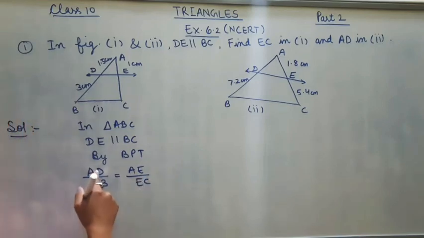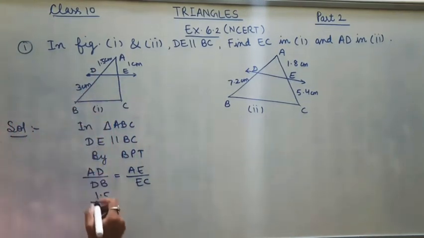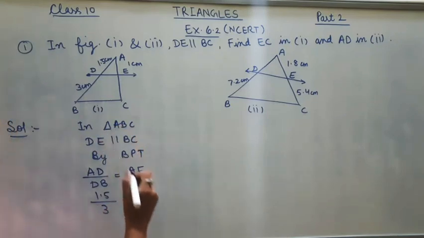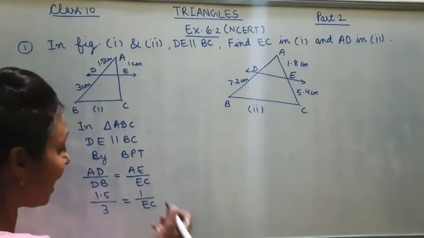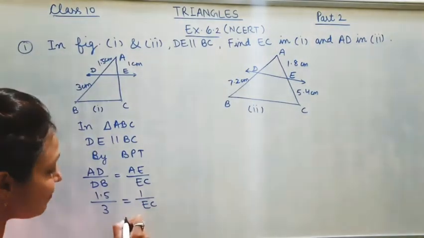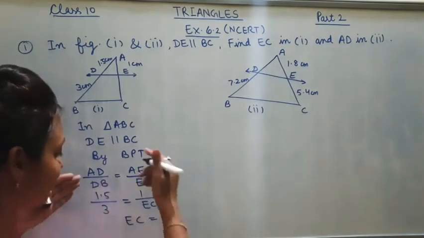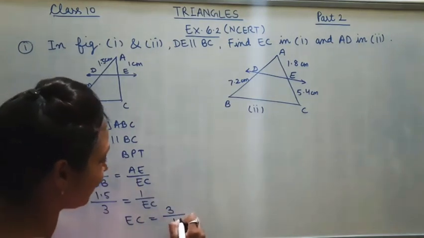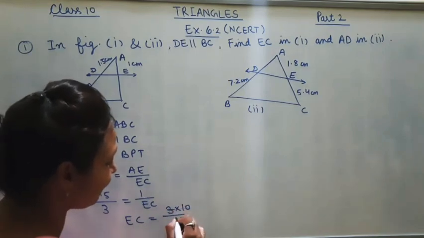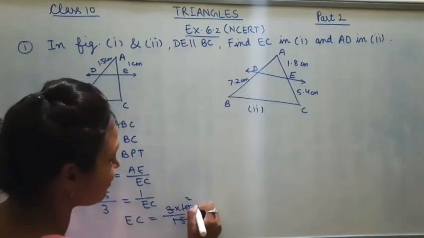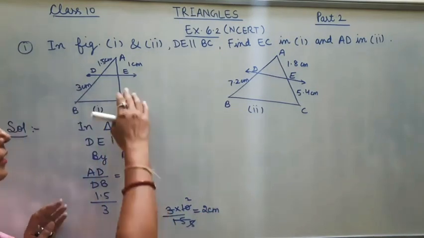I put the value of AD, that is 1.5, upon DB, which is 3, and AE is 1, and I don't know the value of EC. So EC equals 3 into 1 upon 1.5, which in decimals is 30 upon 15. 3 fives are 15 and 5 twos are 10, so that is 2 centimeters.